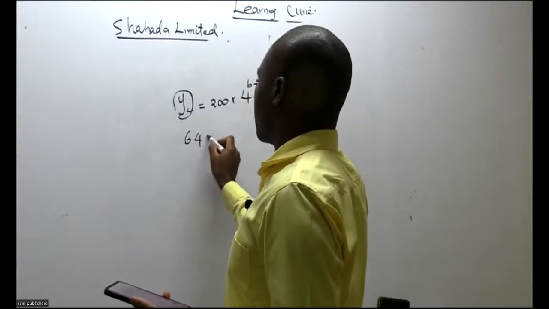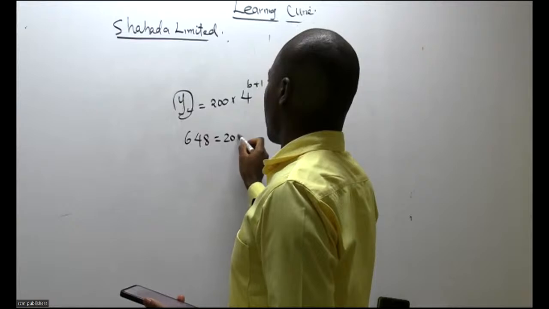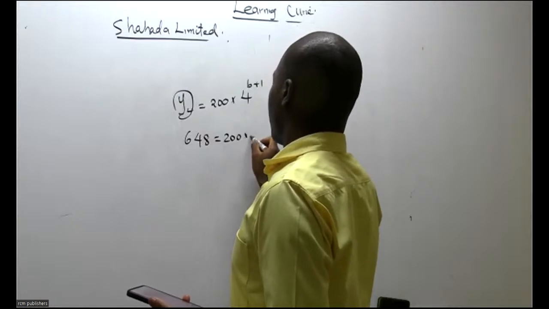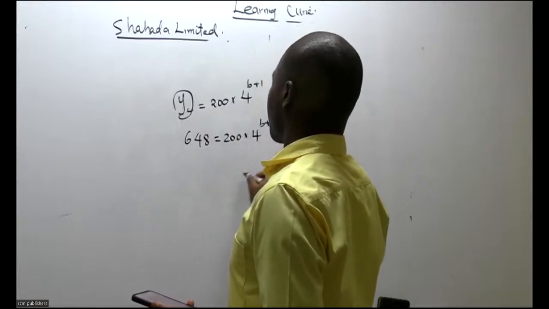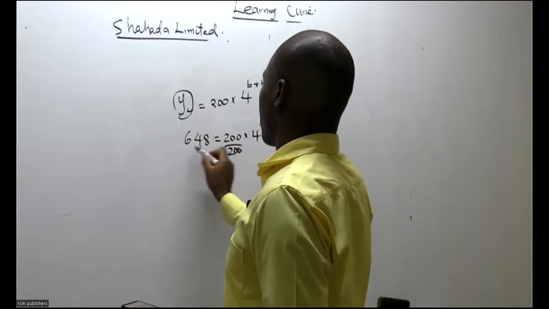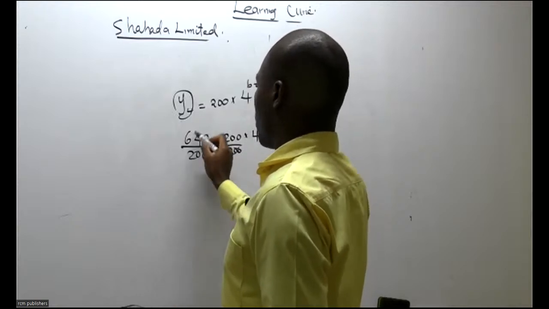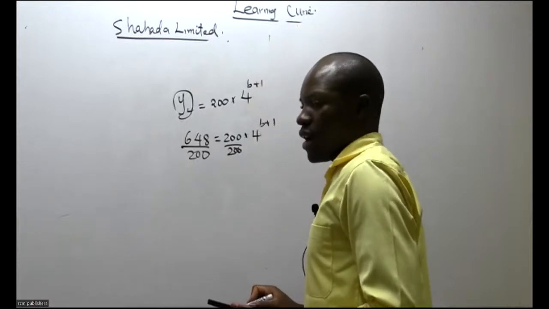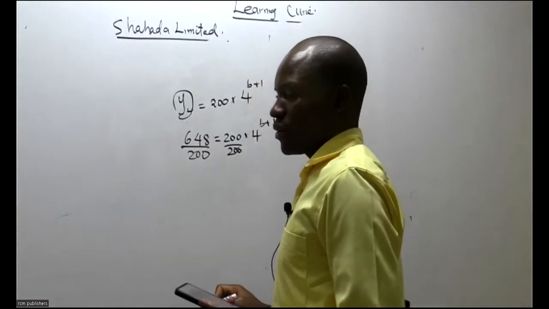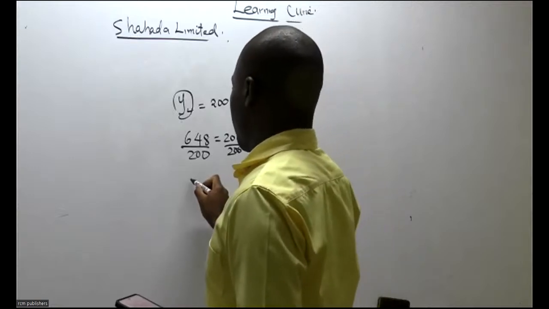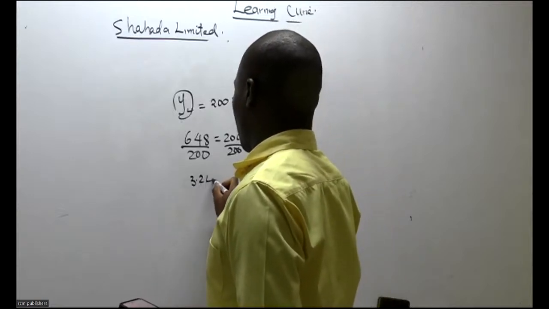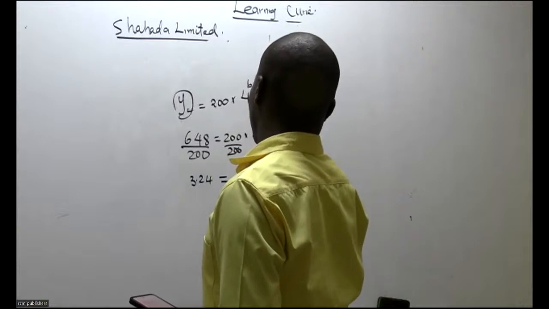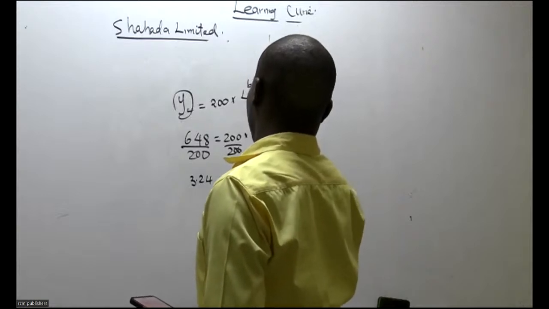So 648 is equivalent to 200 by 4 raised to the power B plus 1. Divide both sides by 200. 648 divided by 200 gives us 3.24 is equal to 4 raised to the power B plus 1.